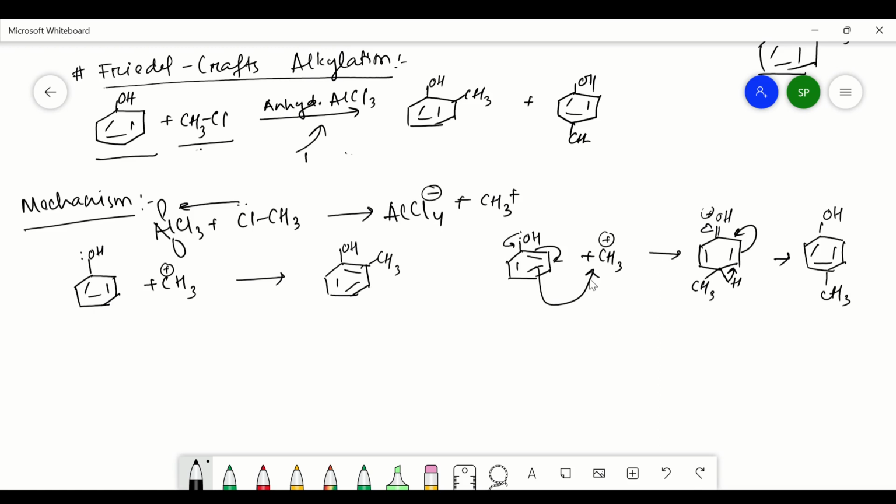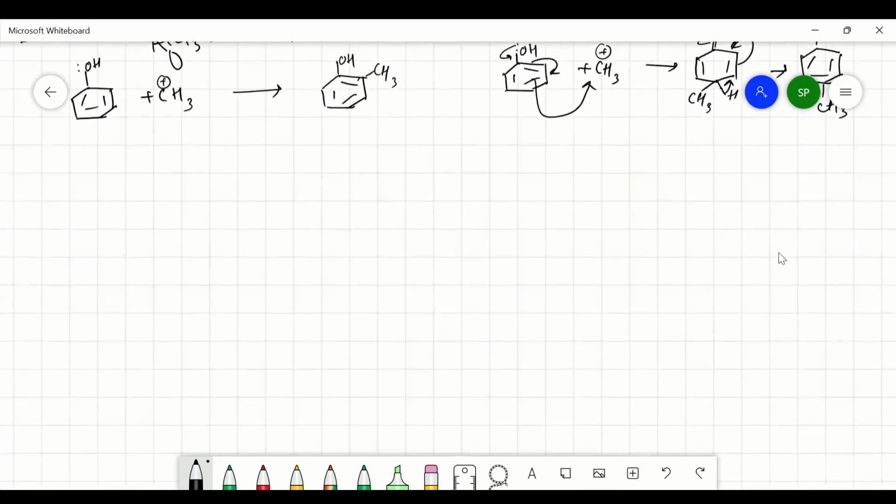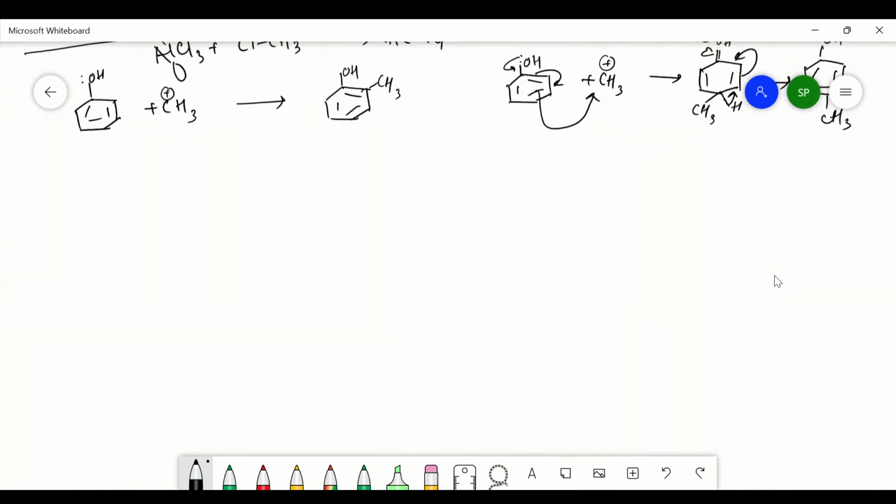Similar to this Friedel-Crafts alkylation, there is also one more reaction called Friedel-Crafts acylation, in which phenol reacts with an acyl halide instead of an alkyl halide.